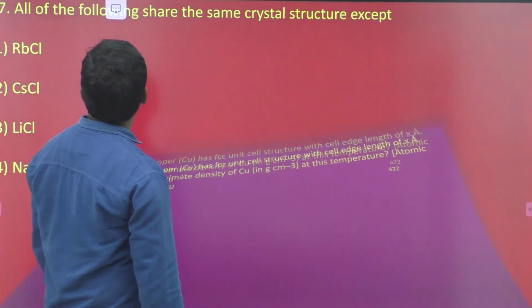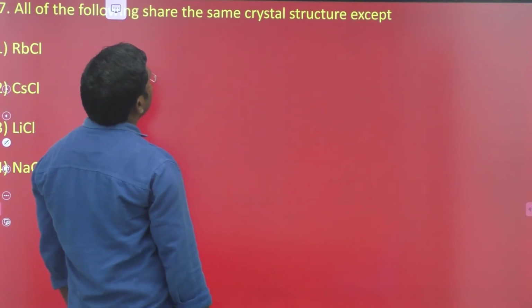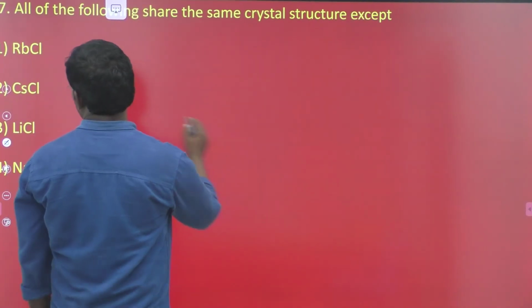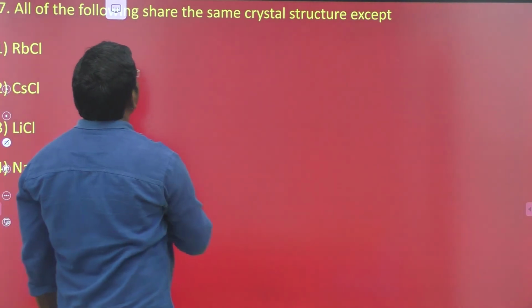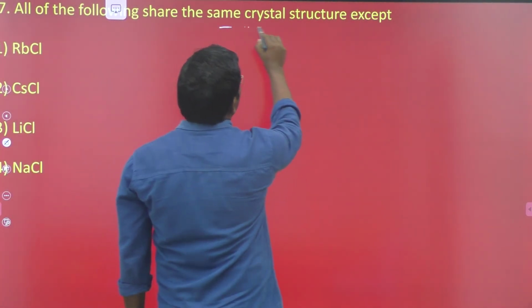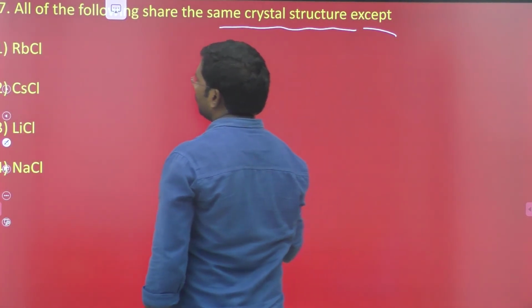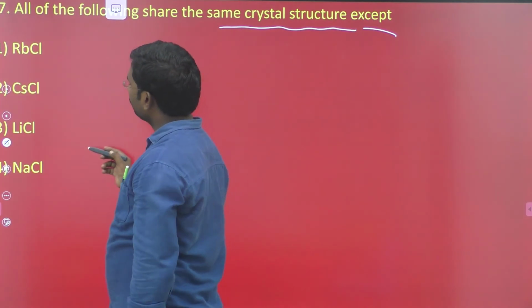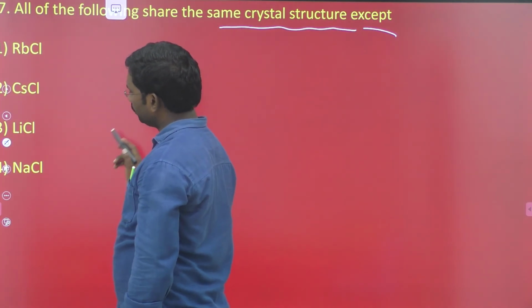So come to the next question. All of the following share the same crystal structure except. Given rubidium chloride, cesium chloride, lithium chloride and sodium chloride.